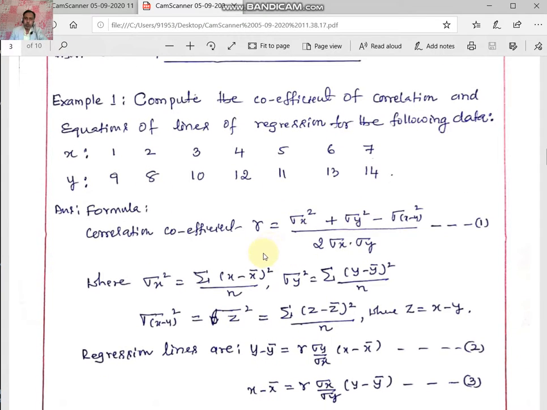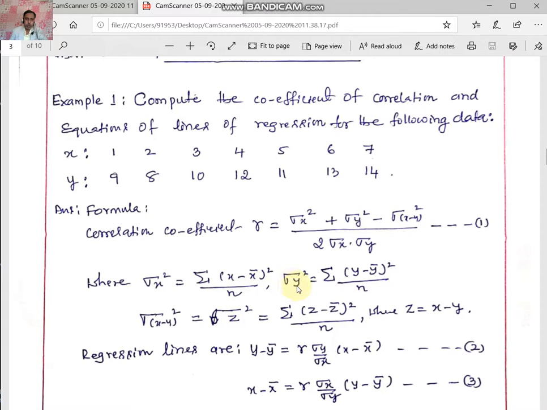Now, the formula for the correlation coefficient is r equals sigma x square plus sigma y square minus sigma of x minus y whole square, divided by 2 into sigma x into sigma y, where sigma x square is the variance of x, defined as sum of x minus x bar whole square by n.